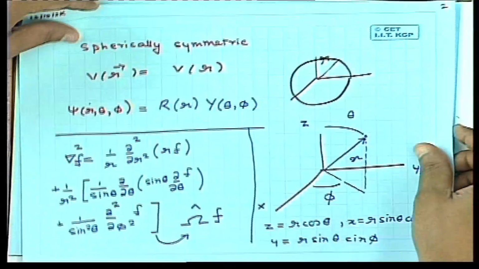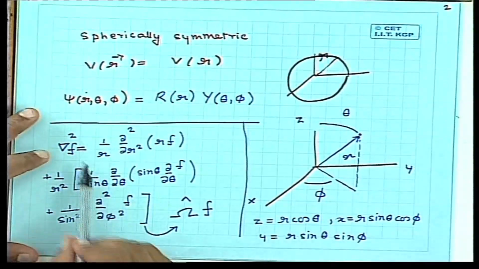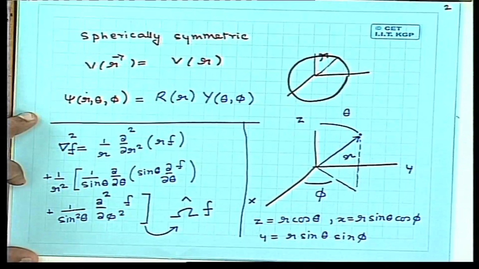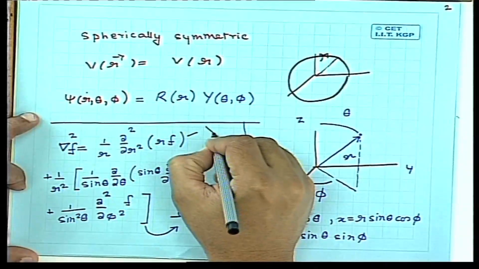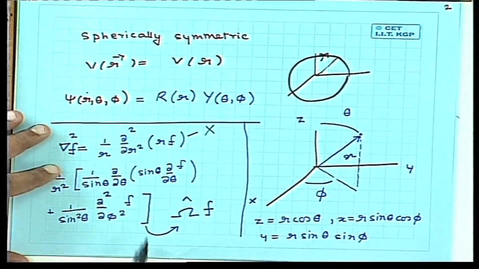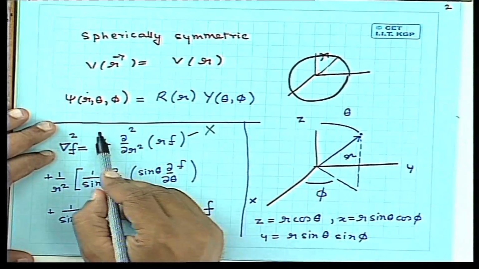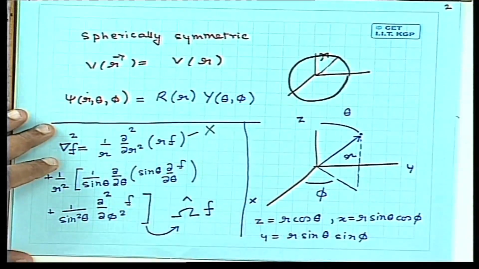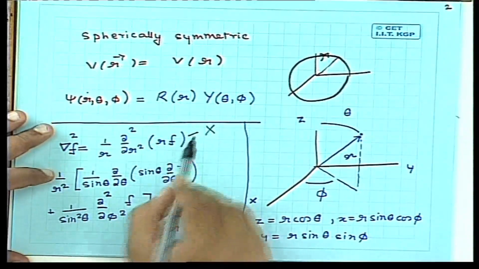So, the Laplacian operator del square, if we write it in a spherical polar coordinate system, it turns out to be this. Well, the radial part over here is wrong. It will be slightly different, but it does not make a difference as far as this discussion here is concerned. So, there is a radial part, some radial operator which acts on f. The expression given here is slightly wrong. I will rectify it when we come to it.